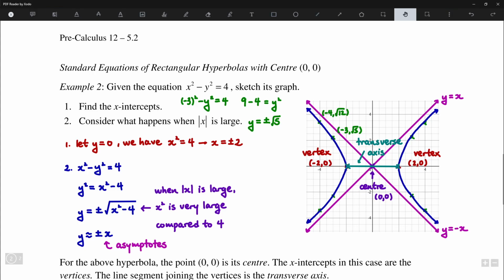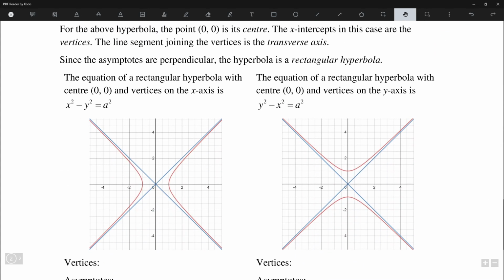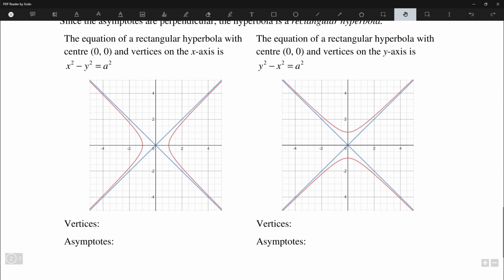Okay, so the question might be, what happens if we have y squared minus x squared equals 4 instead of x squared minus y squared equals 4? Then we still have a hyperbola, but the orientation will be different. So here, on the left, we have x squared minus y squared equals 1, which gives us a rectangular hyperbola.